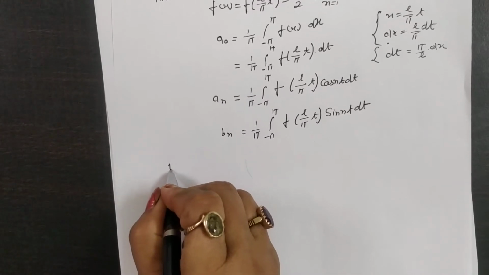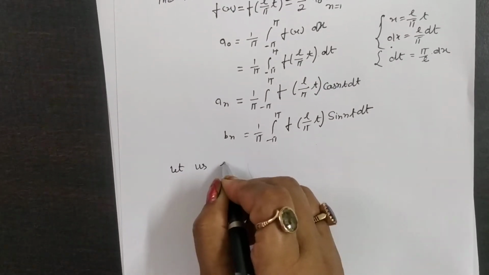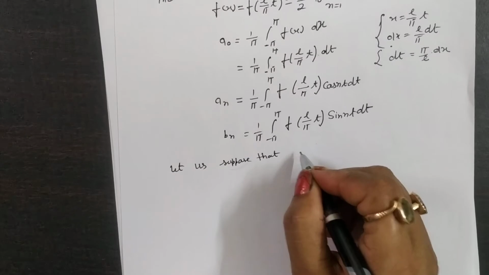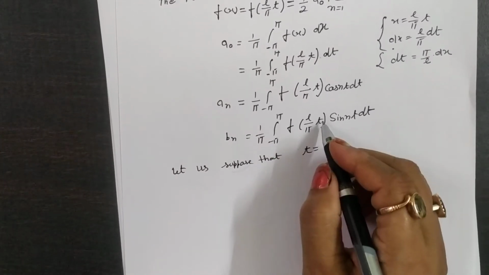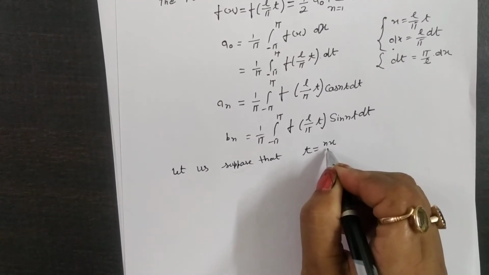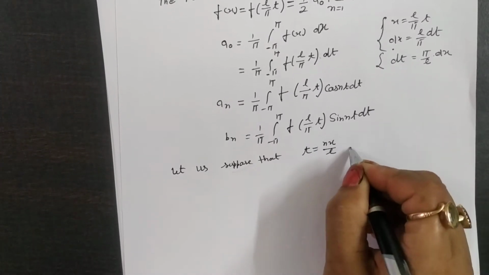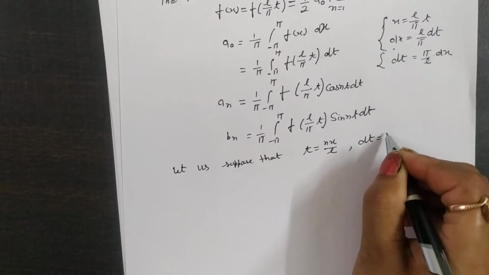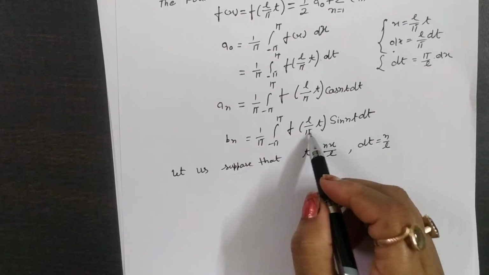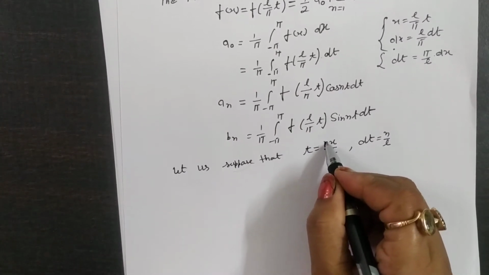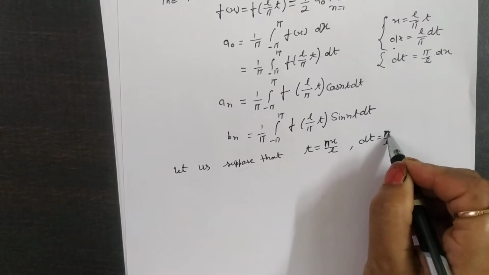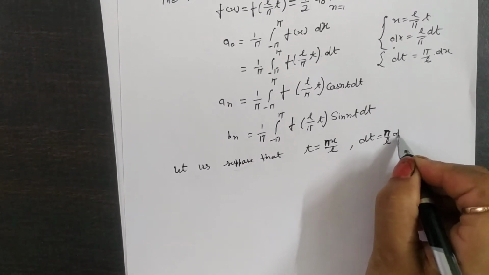Let us suppose that t is equal to pi x by L, so dt is equal to pi by L dx.